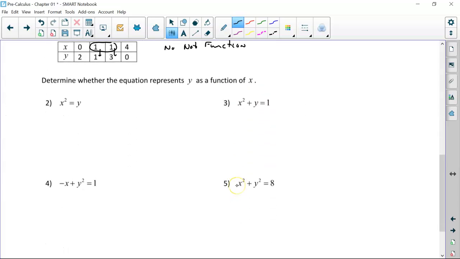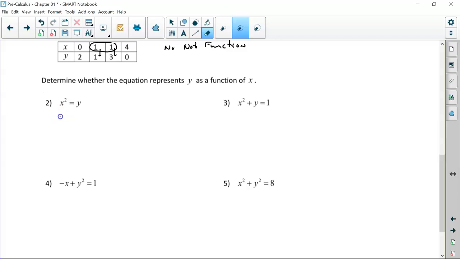Next, we're going to determine if y is a function of x. So we're going to solve for y. So to solve for y, we're going to take the square root of both sides. So for problem number 2 and on, we're going to determine whether the equation represents y as a function of x.